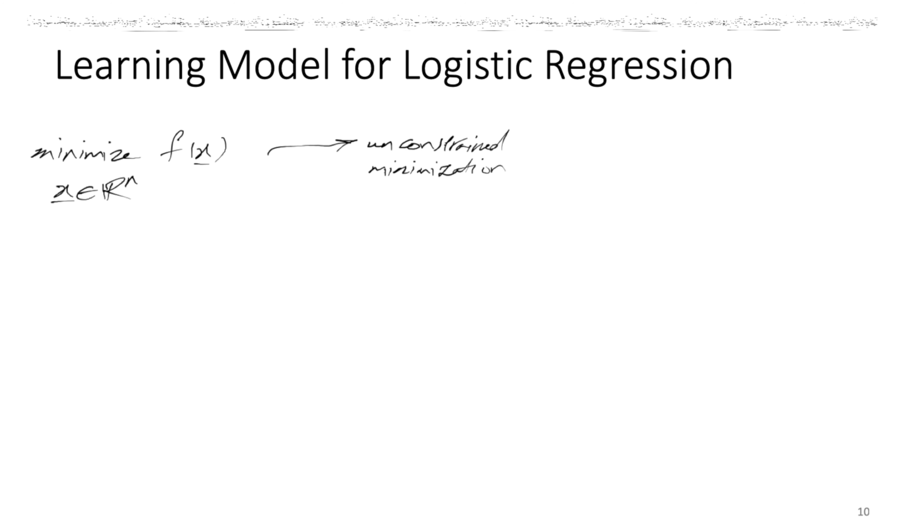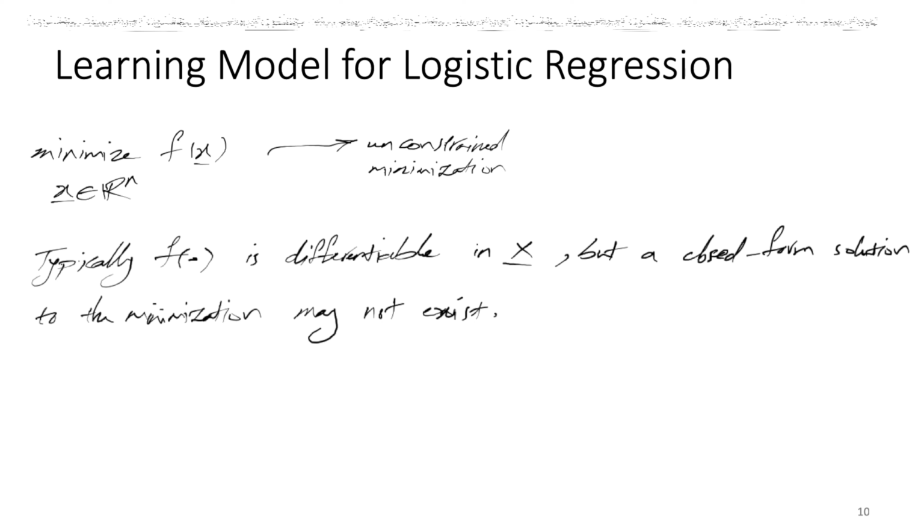So in an unconstrained minimization, we are trying to minimize f of x given x is from our n-dimensional space R^n. Typically our f is differentiable, so that's good. We can take derivatives and gradients for that matter.